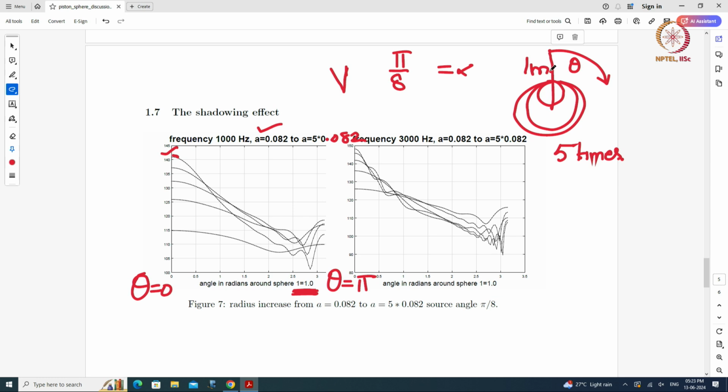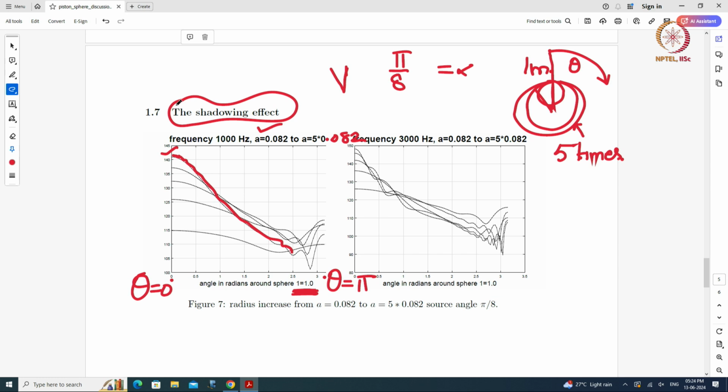The angular extent is constant, but the radius of the rigid sphere has been increased. At the highest increment, the sound field drops off sharply. That means if you move from 0 to pi, you will start losing the sound level very rapidly. This is the shadowing effect.